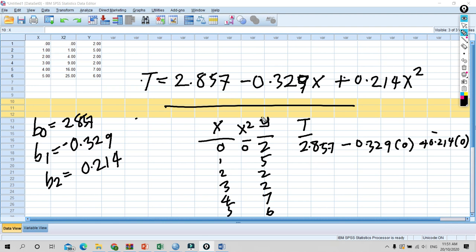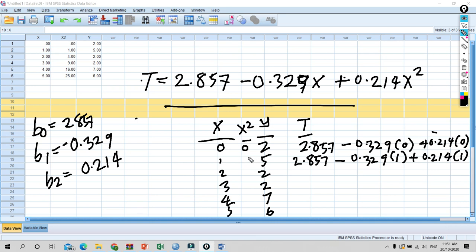Now the second trend line, you repeat the same thing: 2.857 minus 0.329, x is equal to 1, plus 0.214, x squared is also equal to 1.